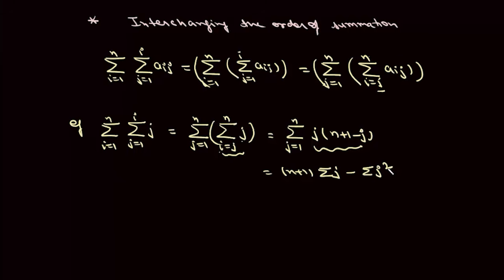So if we have to interchange the order of summation, you have to remember, if j goes from 1 to i, then i will start from j and go to n. Now for independent finite indices, the order does not matter.